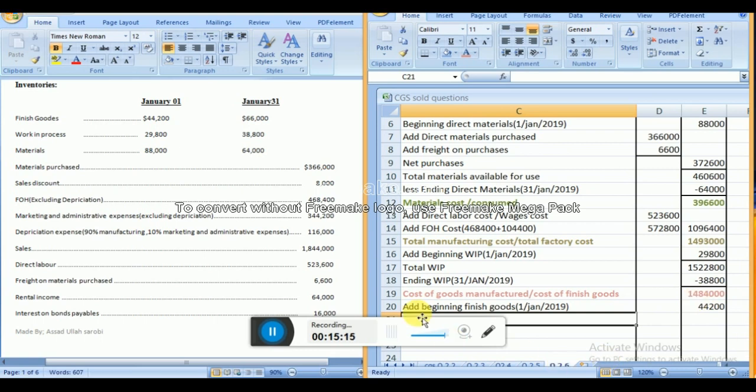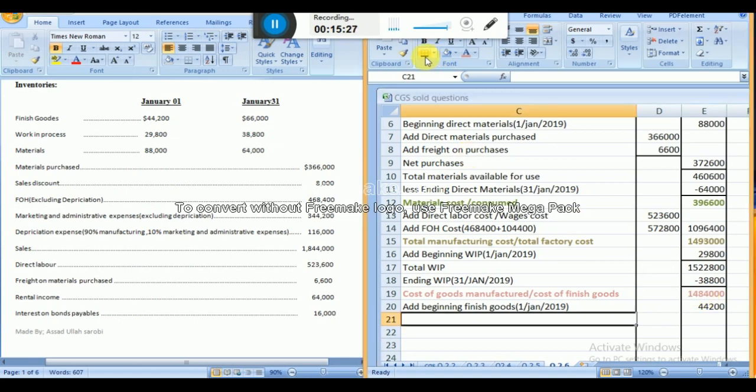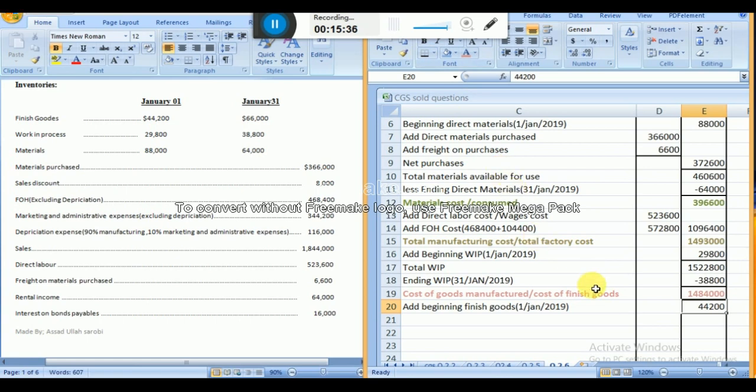So now we will add all these goods. The 14,84,000 goods we produced in the current month, January, clear? And the 44,200 finished goods we have remaining unsold from the previous month. So now how much total finished goods do we have?